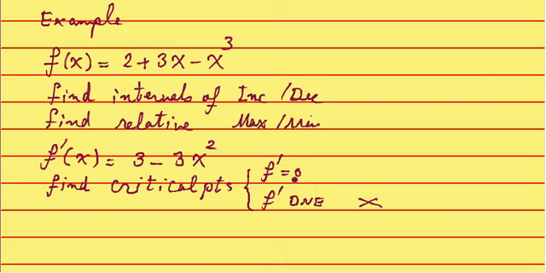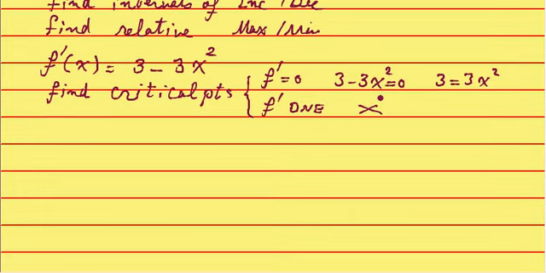F prime equal to 0, well, that can easily happen. Let's go ahead and solve this. 3 minus 3x squared equal to 0. You might factor 3 or divide by 3. Let me go ahead and solve this here. I divide by 3, x squared becomes 1, so x becomes plus or minus square root of 1, which is just 1.